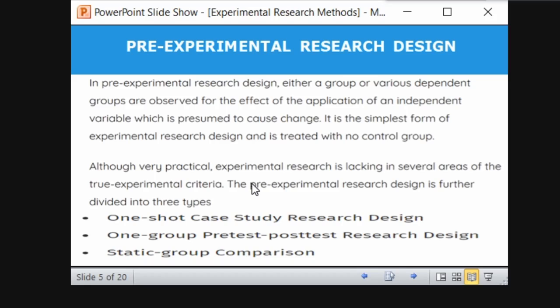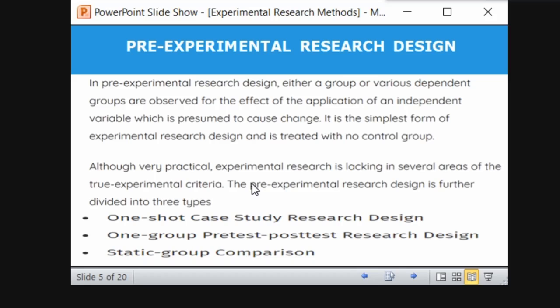So either it may be a single group or any dependent variable, treated in certain conditions to observe the effect on them, which the variables are presumed to cause. Although it is very practical, this research is lacking in several areas of true experimental criteria.